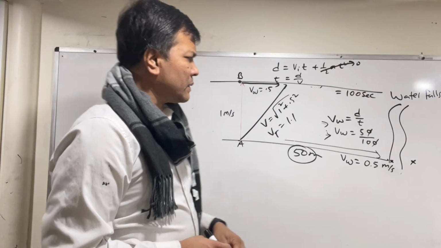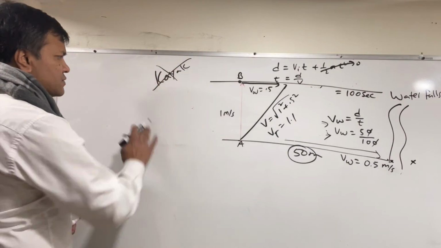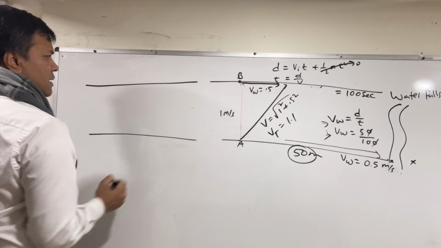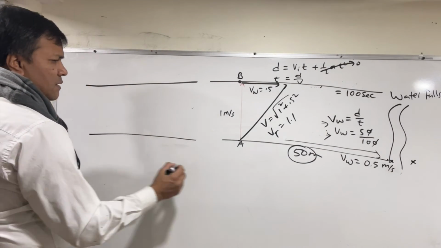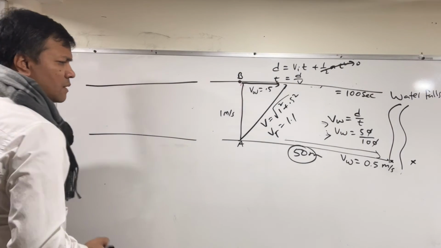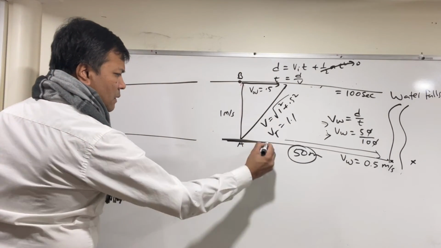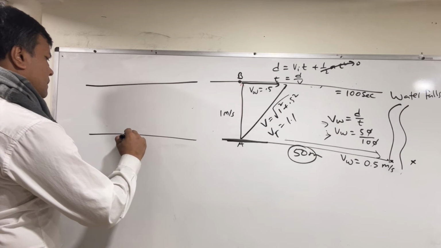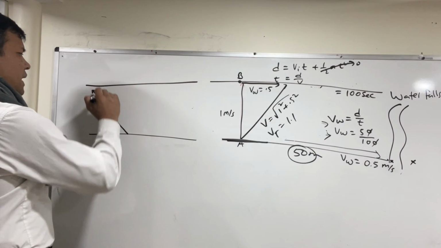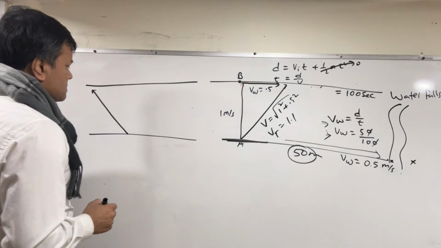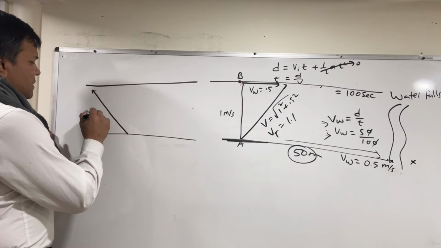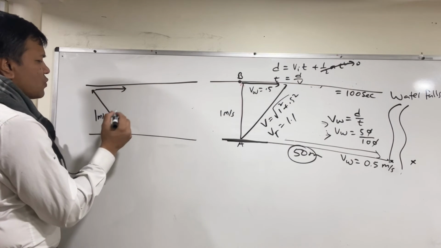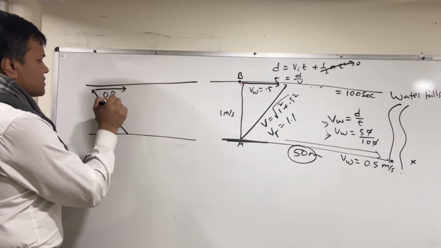No. So what did he do? He changed his strategy. Instead of moving perpendicular to the direction of the ground, he moves at an angle. Again, his velocity is 1 meter per second, and let's say the true current of the water is 0.8 meter per second.